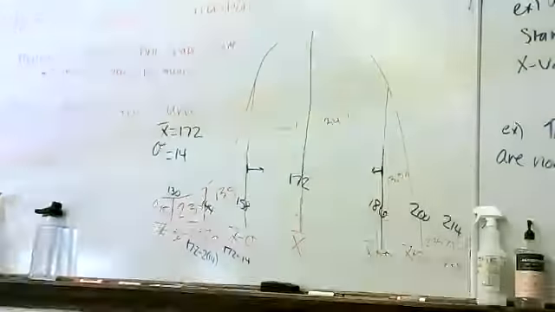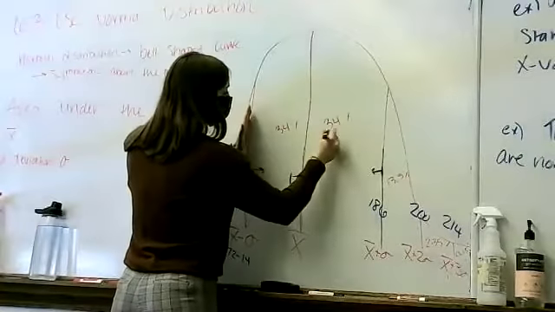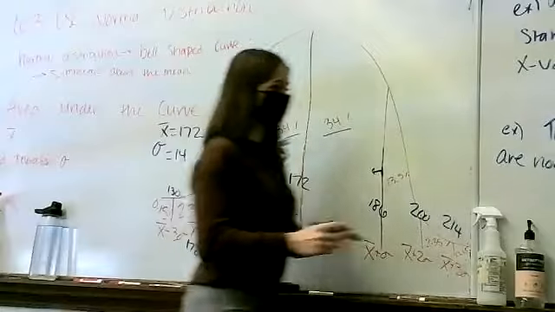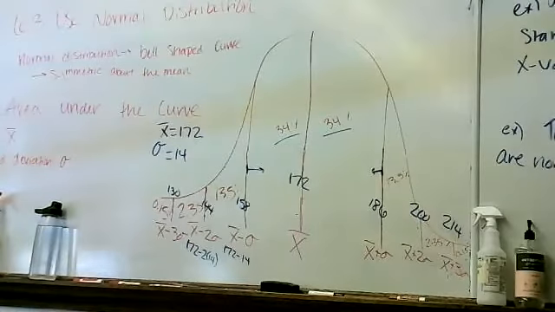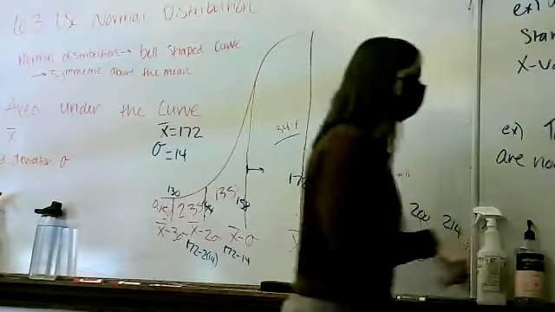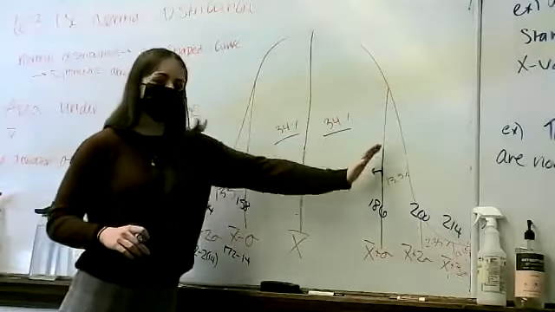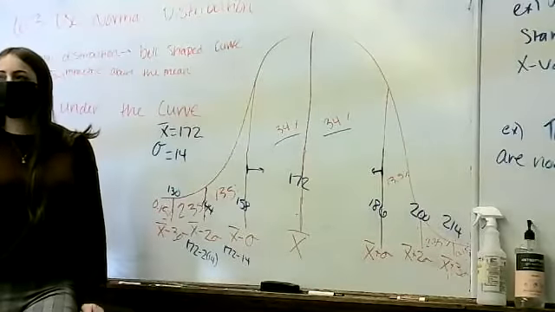So if you had to say how many percentages are in between there, I'm going from here to here, which means I'm adding up my 34 and my 34. So 34% plus 34% means 68% of women have a cholesterol reading between 158 and 186. Okay, do you understand that interpretation that goes along with it?